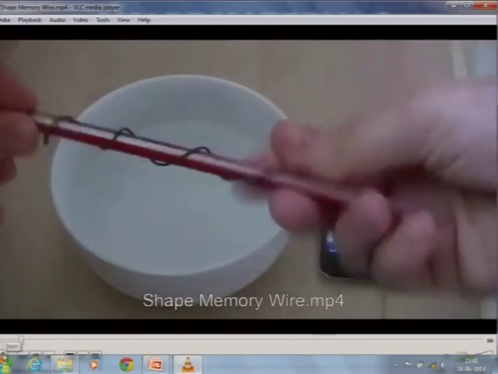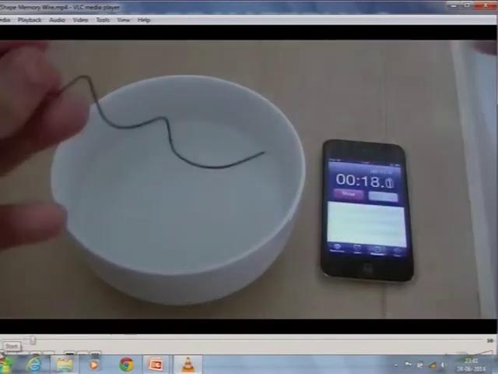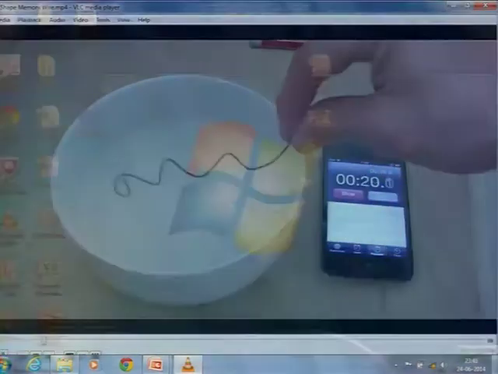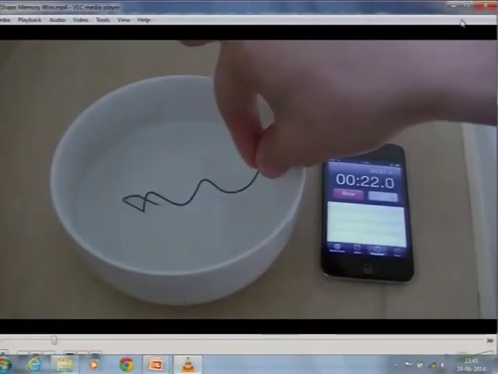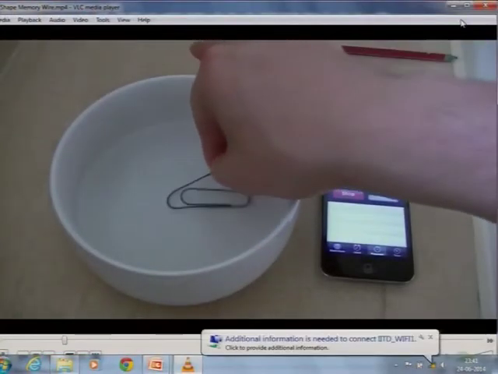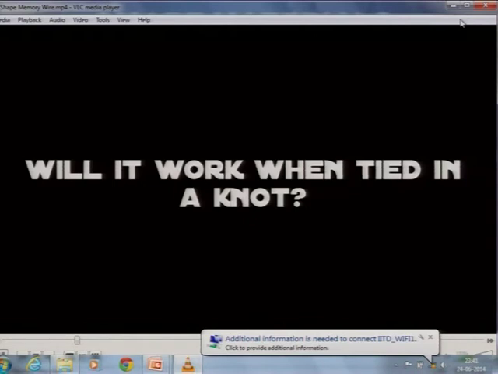So in the previous video, I showed how the nitinol remembers its original form when it's heated up. Now, many people were wondering if you could tie it in a knot, would it revert to its original shape? Let's give that a go.